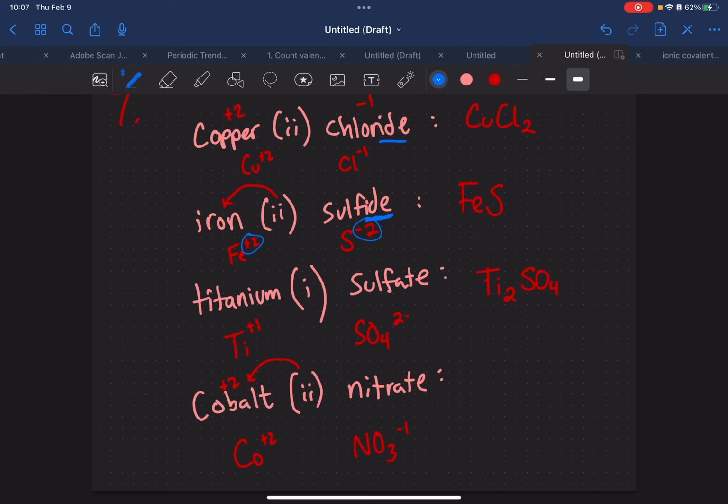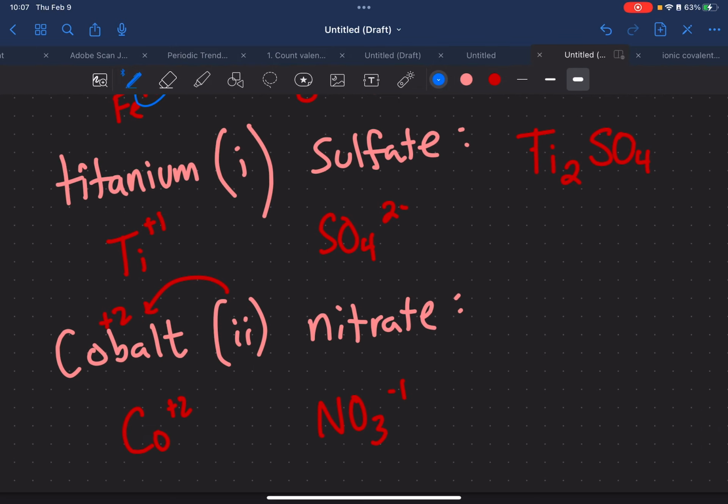Okay, so that is not something that you're going to be able or need to do, right? If I tell you bicarbonate, I don't expect you to figure out what a bicarbonate is, because actually it's not what you think. It's not just two carbonates. Anyway, let's do this last one, cobalt 2 nitrate. I already have the charges.